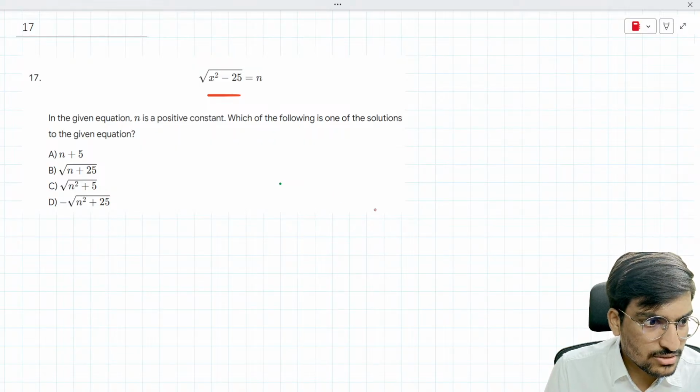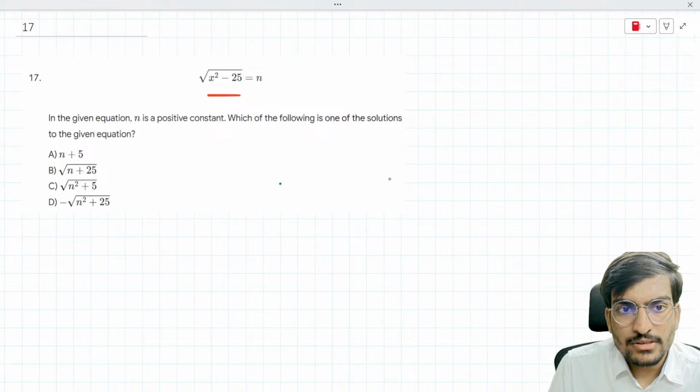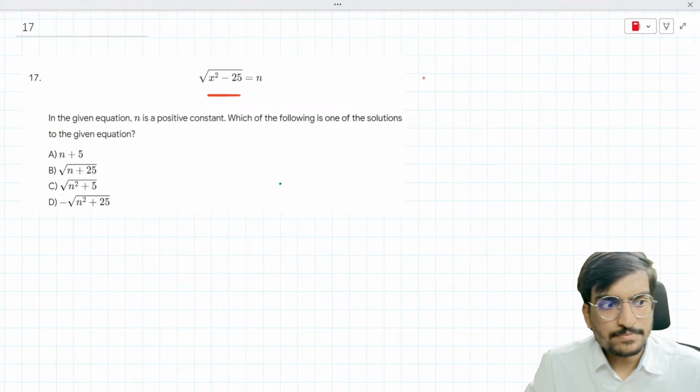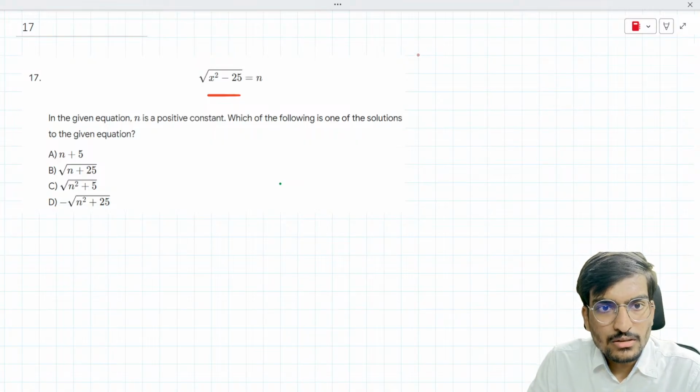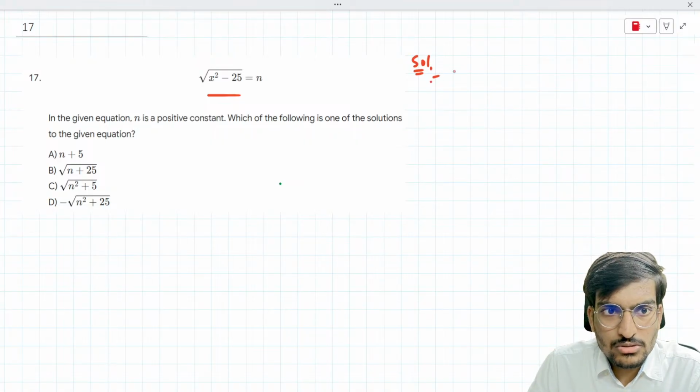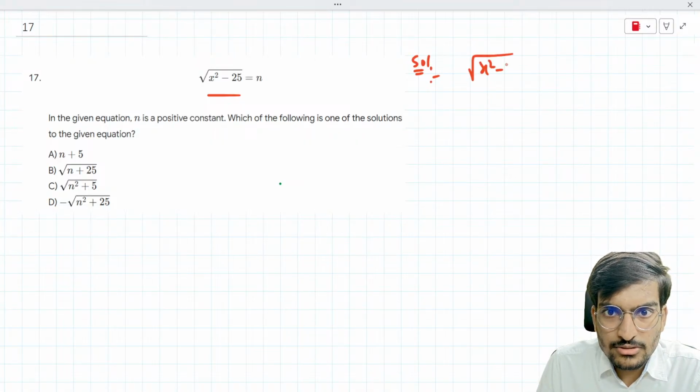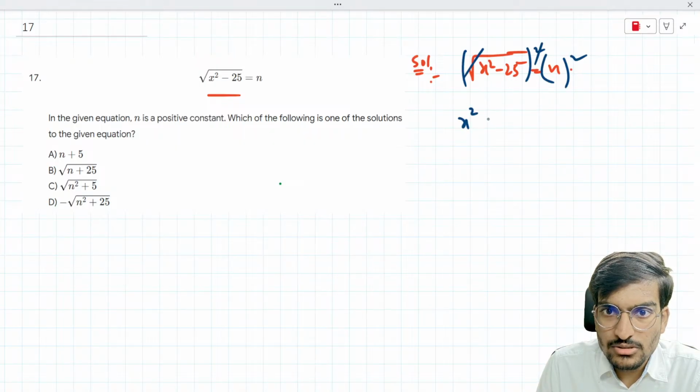So I can see the option B. Let me solve this. That equals root of x square minus 25, that equals n. So squaring on both sides so that we can get rid of this root, x square equals n square plus 25.